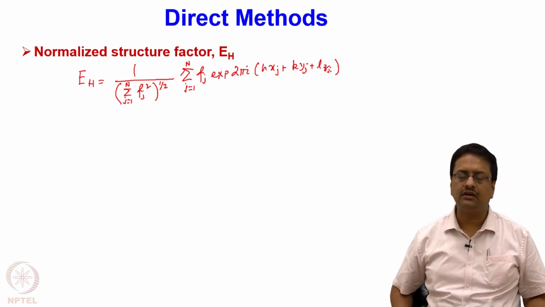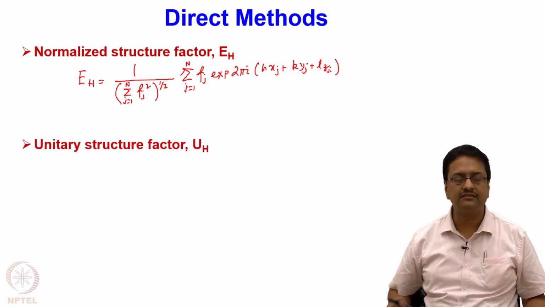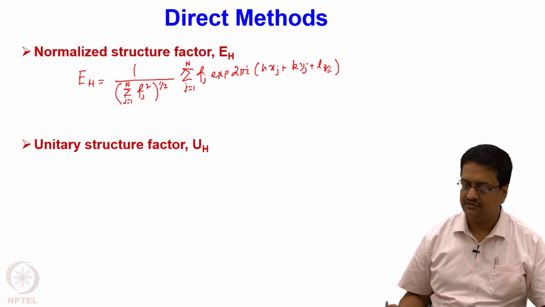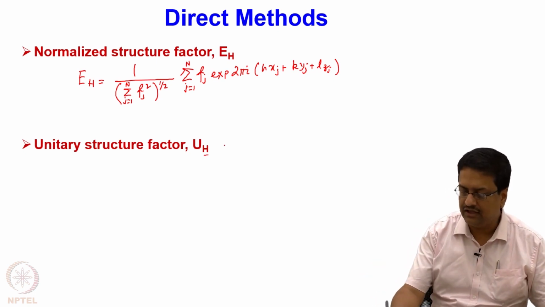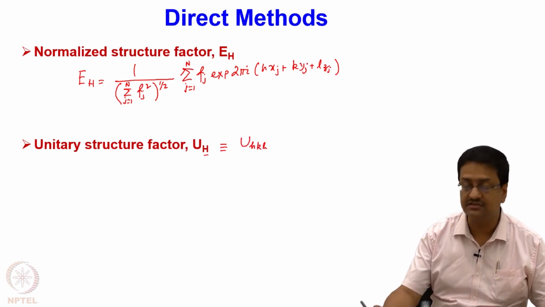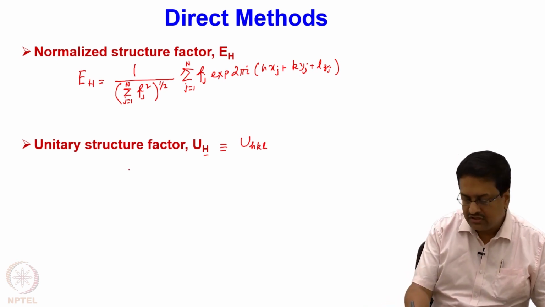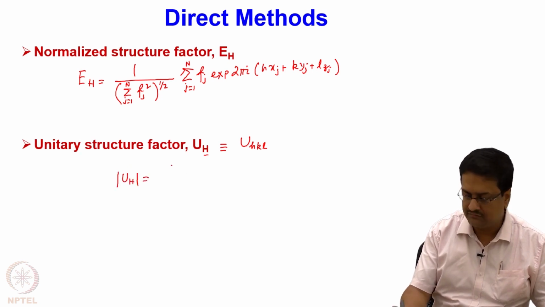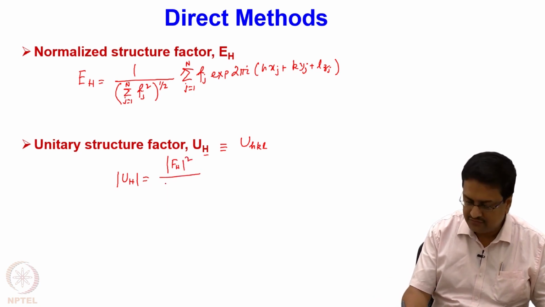Then we went on to define the corresponding unitary structure factor UH. You remember that when we write UH, it actually means we are talking about a reflection of Miller indices H, K and L. So we wrote that UH is equal to the mod of FH divided by the sum over j equal to 1 to n of fj.